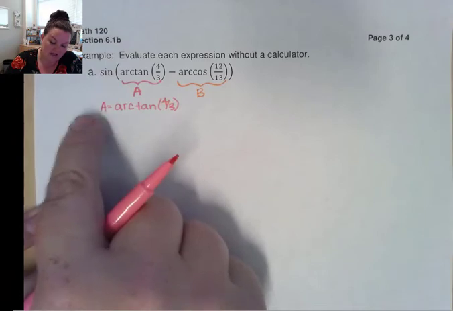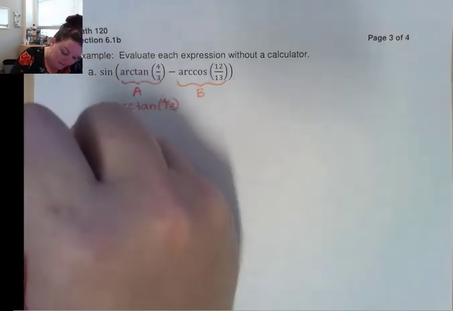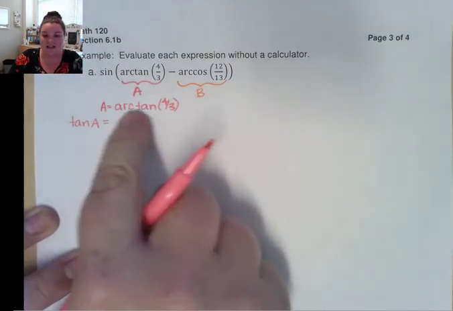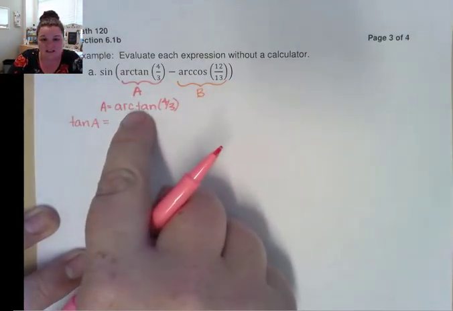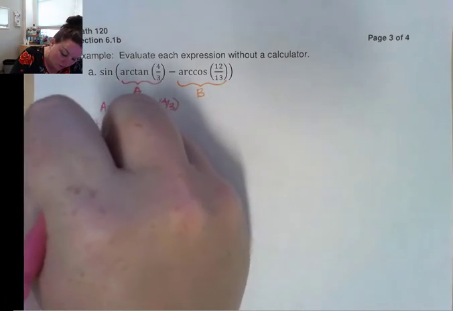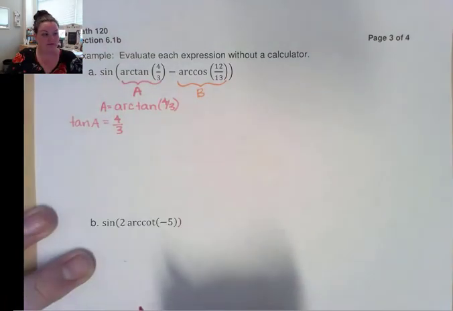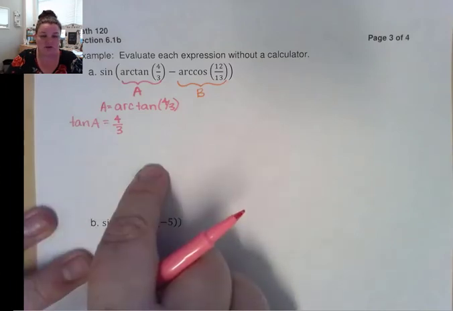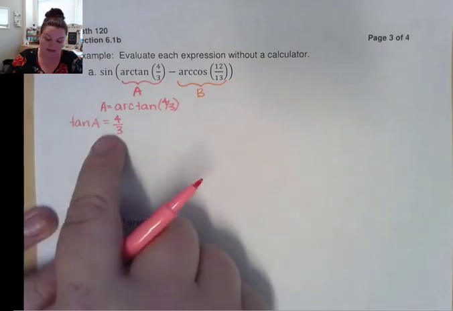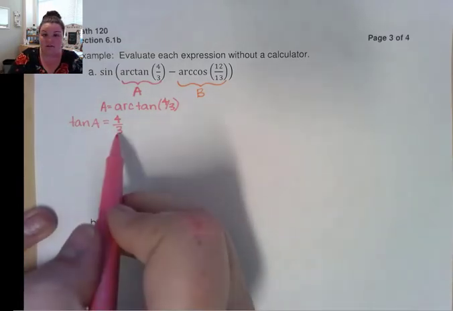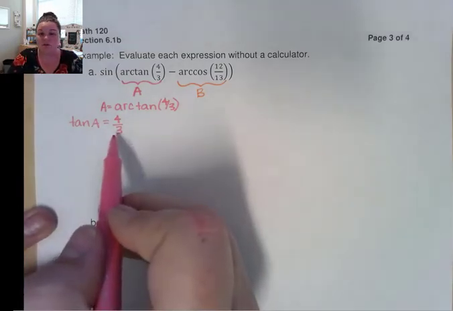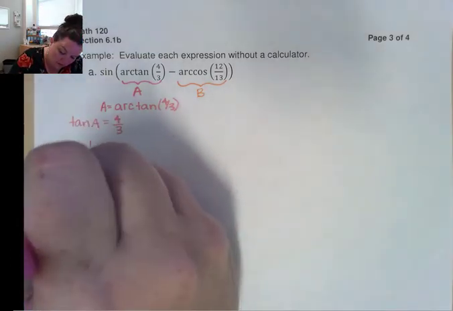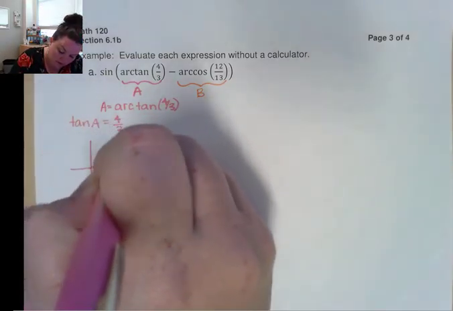So when I take tangent of the left-hand side, I'll get tangent A is equal to, and when I take tangent of this side, it's going to cancel, and I'm just going to be left with 4/3. Okay, so this should be enough to allow me to draw a reference triangle. Tangent is positive, so this is going to fall into quadrant 1. So let's go ahead and draw our little reference triangle.